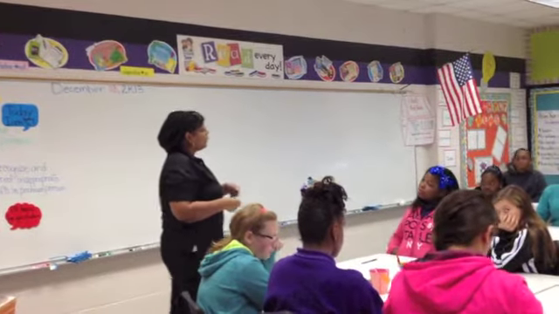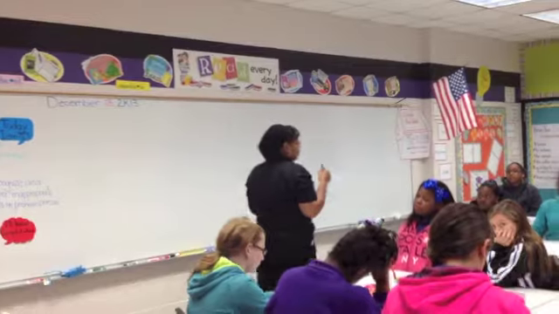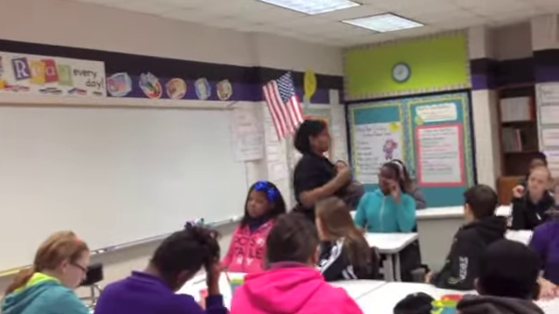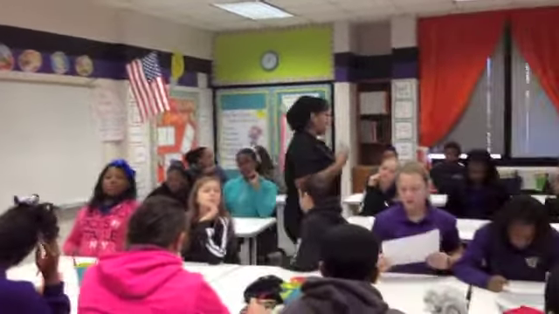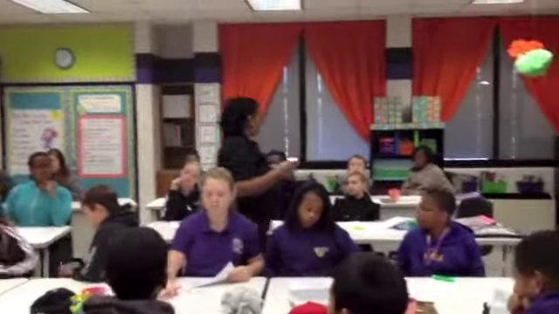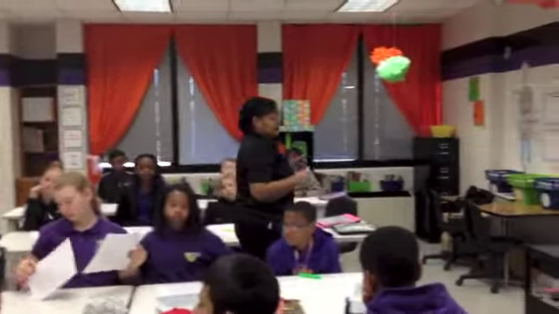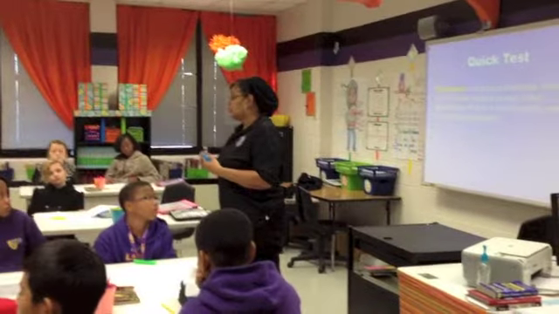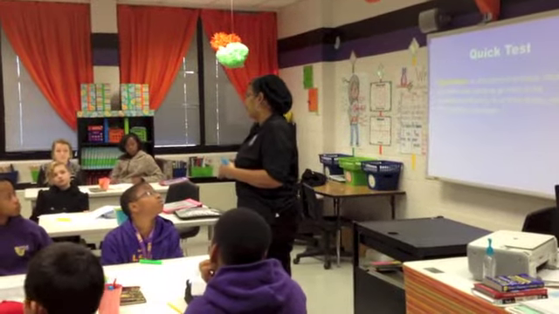Now, I noticed some of you had to go back and take your noun and change it into a pronoun, which I'm glad you realized, because you had to put it into pronoun form in order to figure out if it was first, second, or third person. Okay? Item 1.